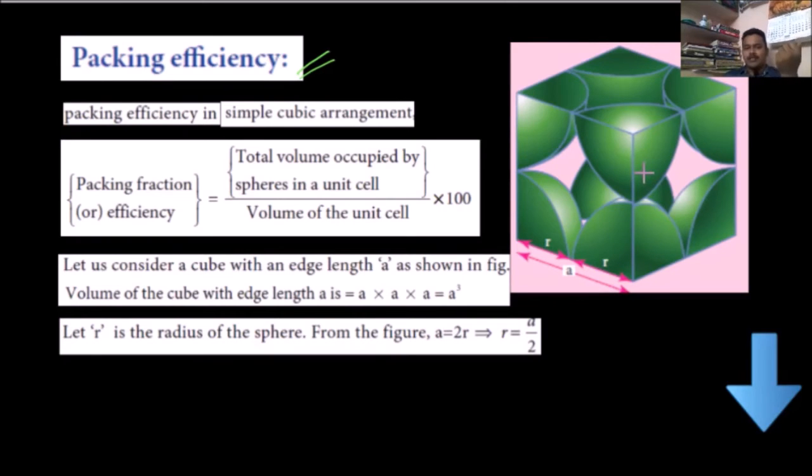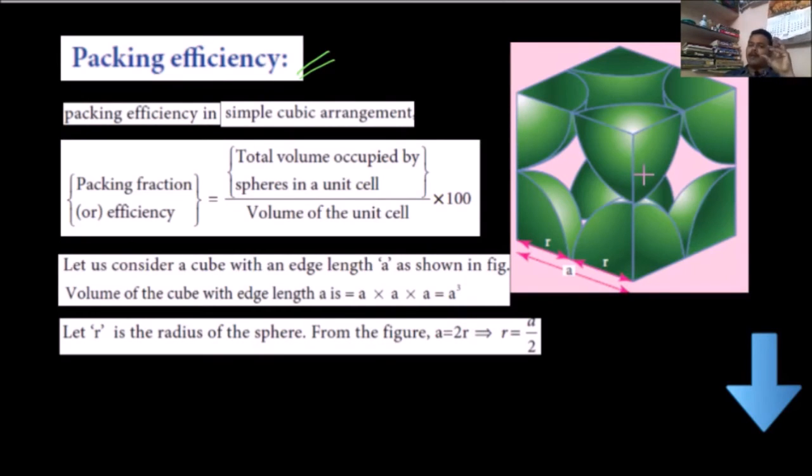Now what is the system we are discussing? We are studying the simple cubic arrangement. So in the simple cubic unit cell, packed with how many atoms? The packing efficiency can be explained by how tightly the volume is packed.